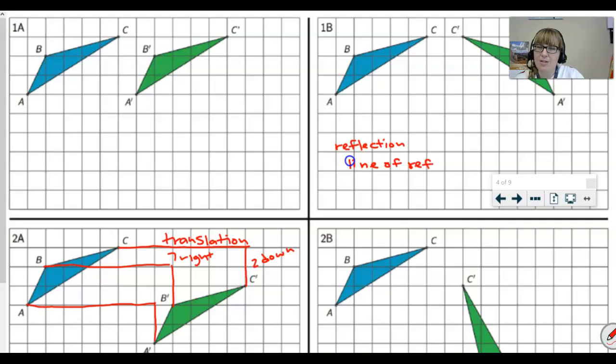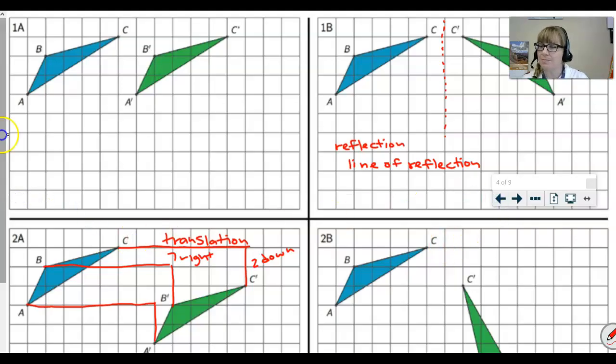That line of reflection, I told you, was 1 unit away from C, and it went straight up and down. Knowing that, you then could easily figure out that C is 1 step away, so C prime is 1 step away. B is 5 steps away, so B prime is 5 steps away on the other side. A is 6 steps away, so A prime is 6 steps away on the other side of that line of reflection.